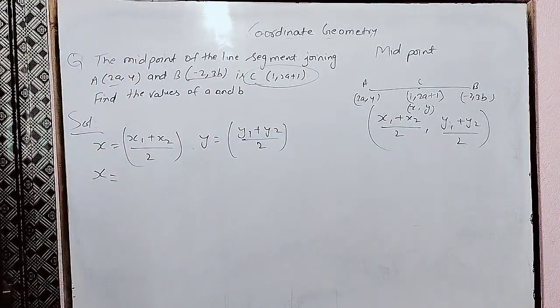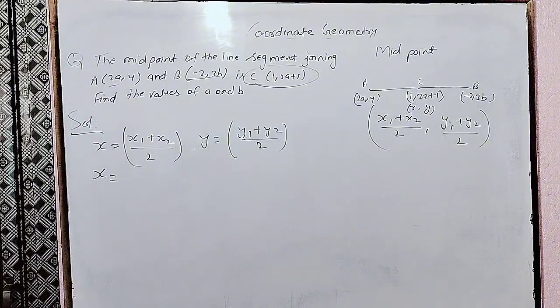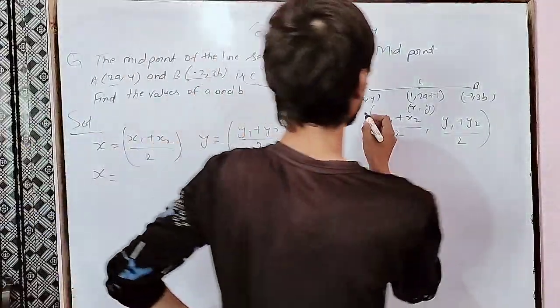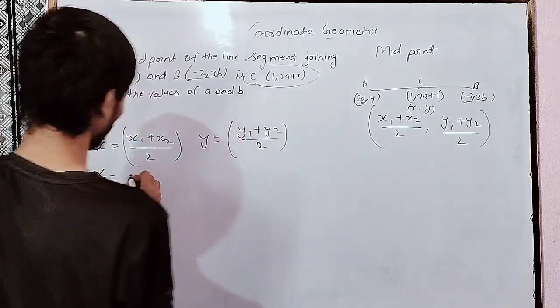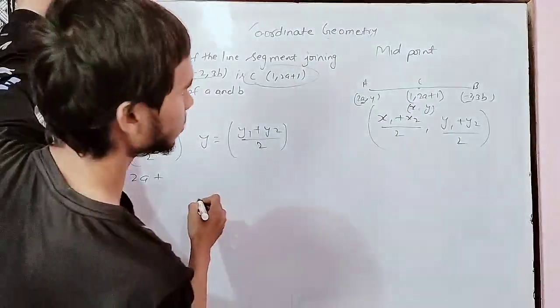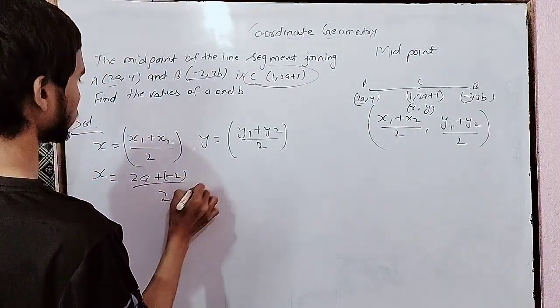Now let's start. x1 is 2a and x2 is -2, so (2a plus (-2)) upon 2.